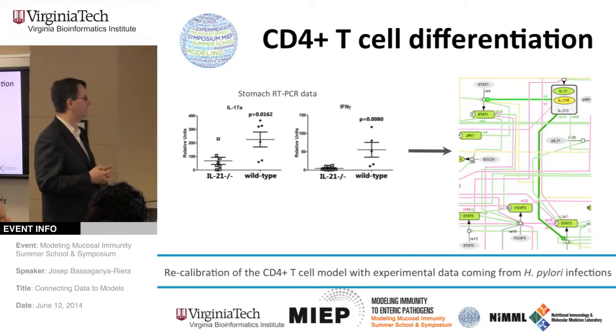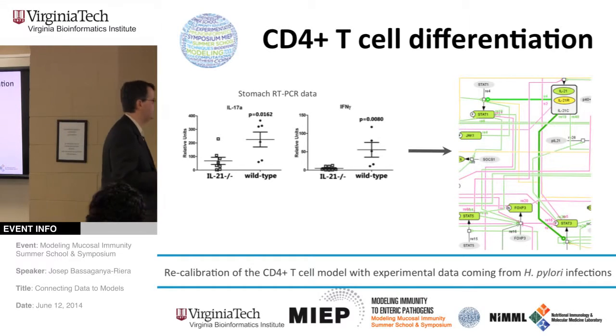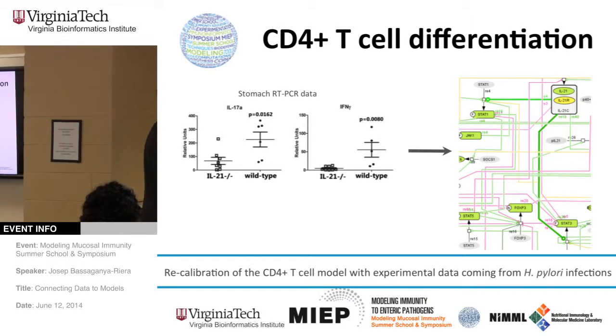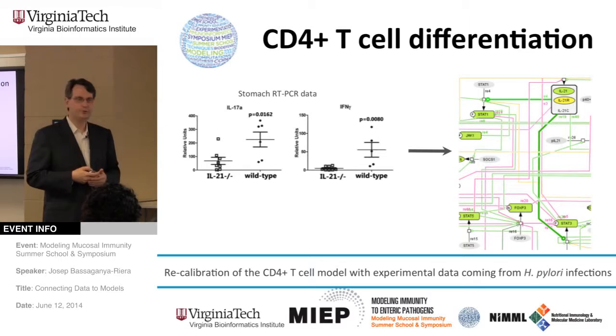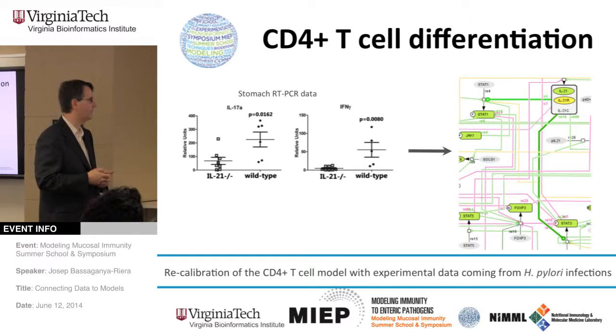And what the data shows is, as expected, that mice lacking IL-21 have lower levels of IL-17 and lower levels of interferon gamma when compared to the wild-type mice following infection with Helicobacter pylori.